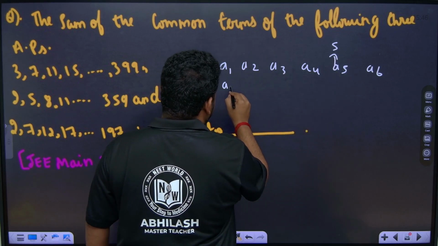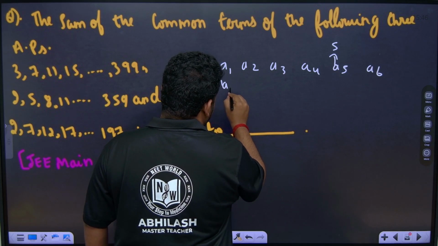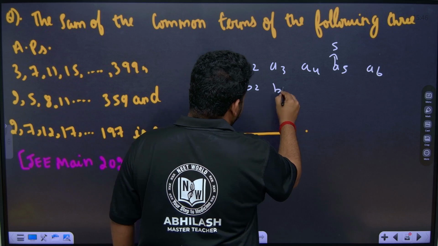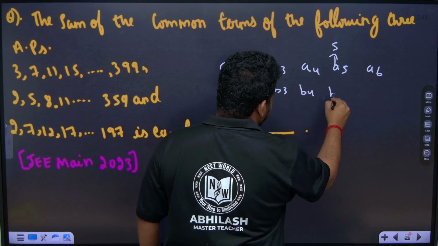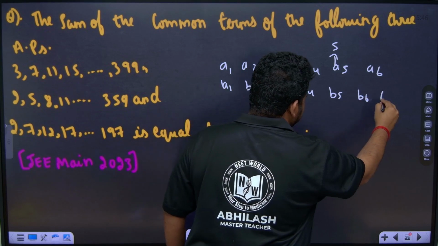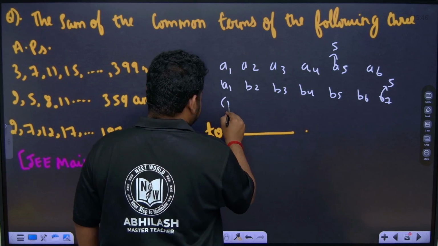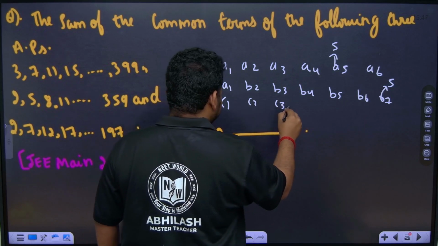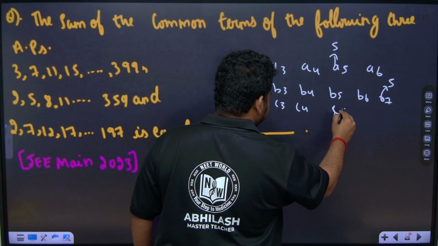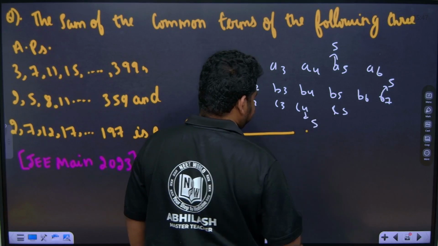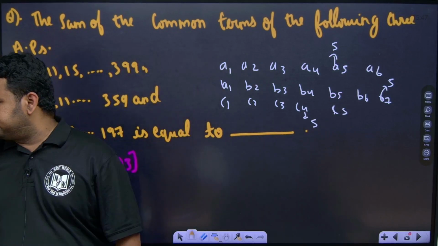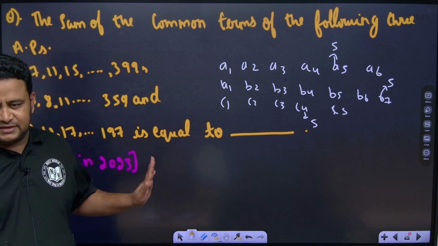Then another AP, B1, B2, B3, B4, B5, B6, B7, and suppose one value is 5. Next one, C1, C2, C3, C4, C5, and suppose one value is 5. So what is the common term here? 5.